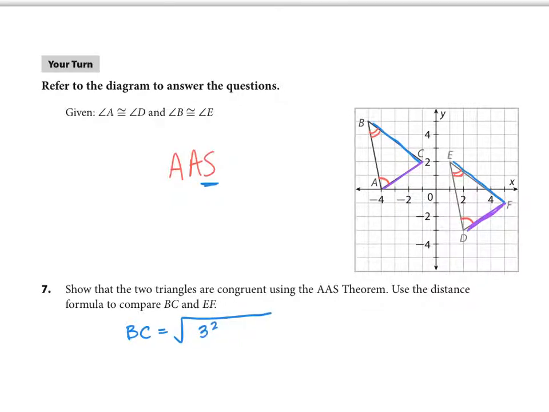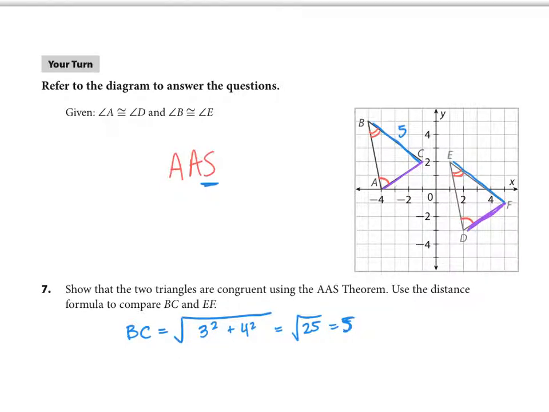But I'll get 3 squared plus 4 squared. And that's 9 plus 16, which ends up being 25, which is 5. So the distance from B to C is 5. If you can show that EF is also 5, that means they're congruent, and therefore the two triangles are congruent by AAS.